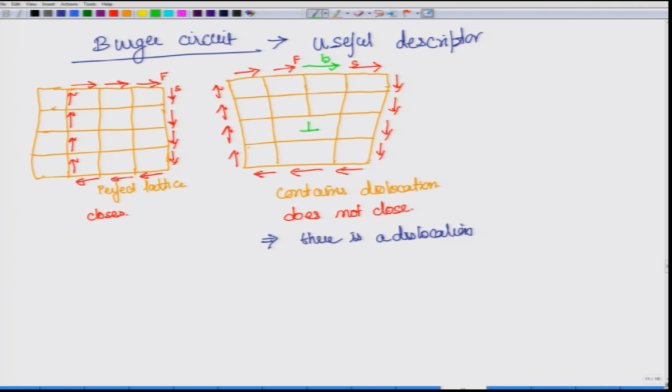So, this is a dislocation, and this dislocation is given by this Burger vector B. The closing vector defines B, which is the Burger vector.